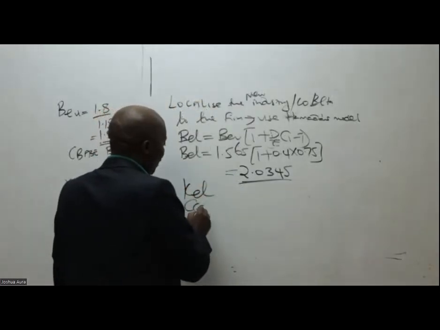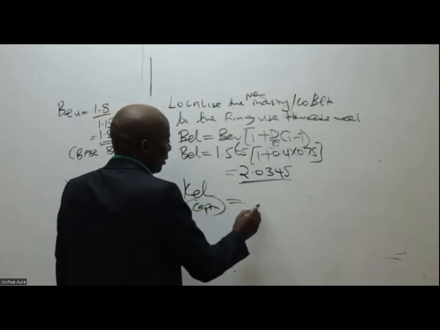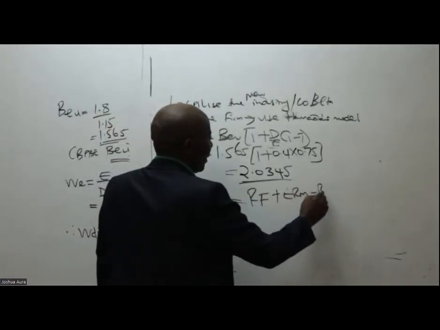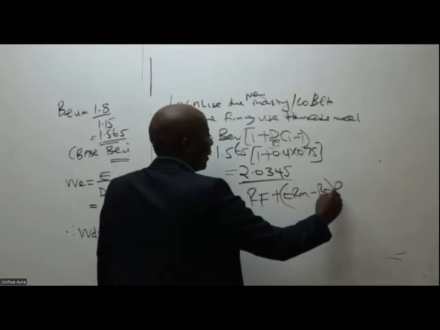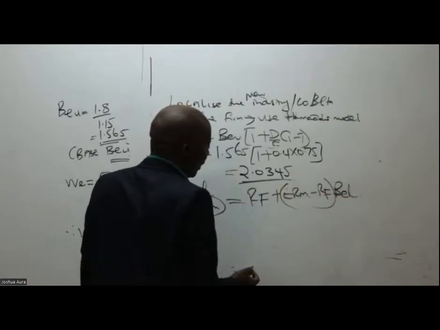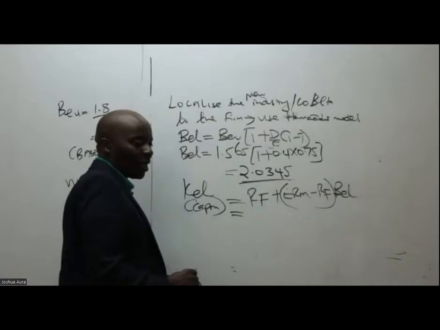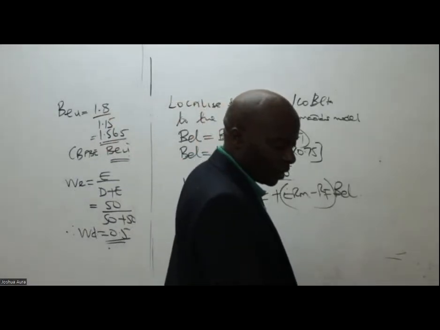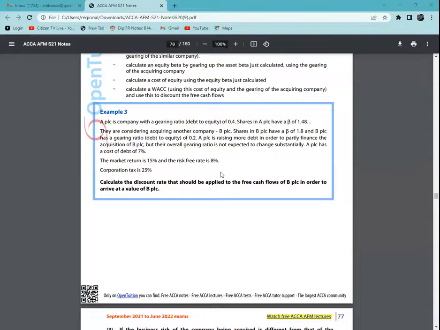So this one here will be risk-free plus ERM minus risk-free multiplied by the beta equity of this firm that you got up there. Unfortunately, we have these metrics. Are you able to see the risk-free rate of return? I'm being told it's 8%.